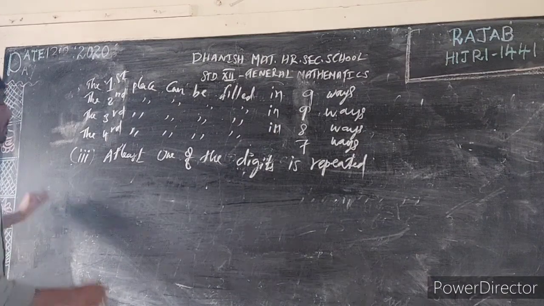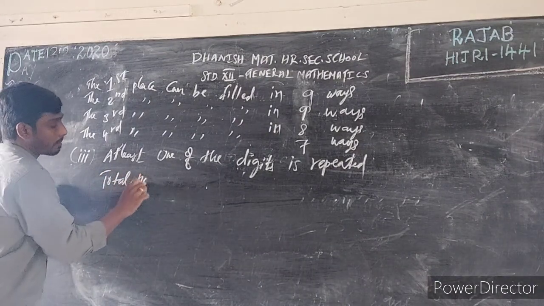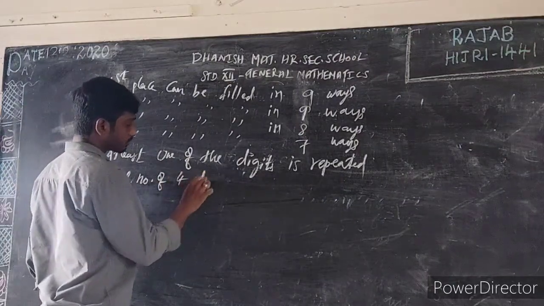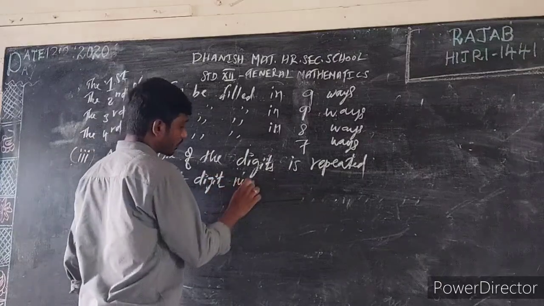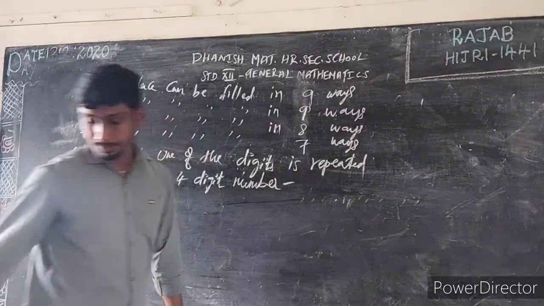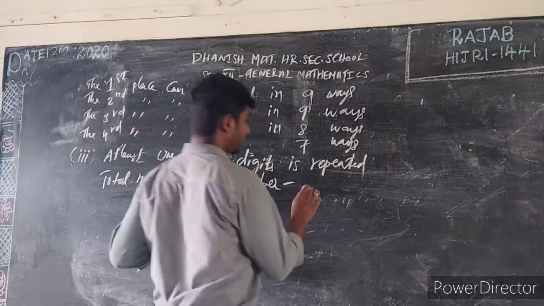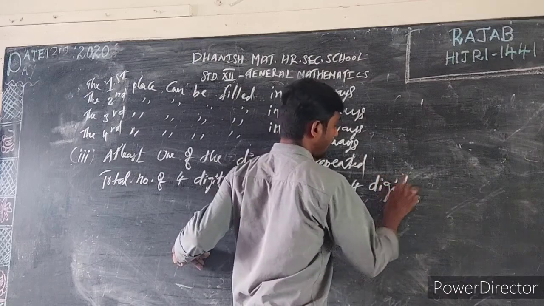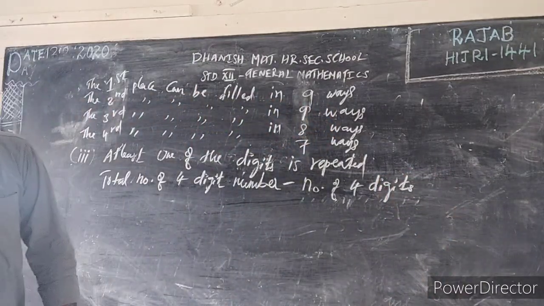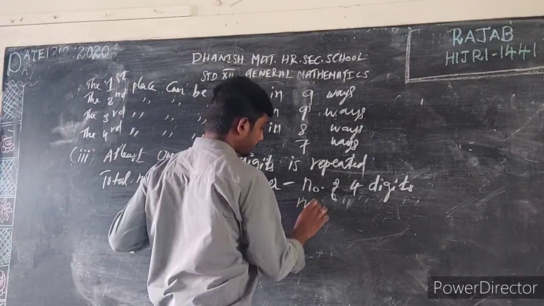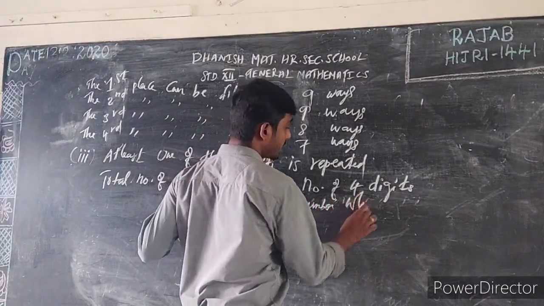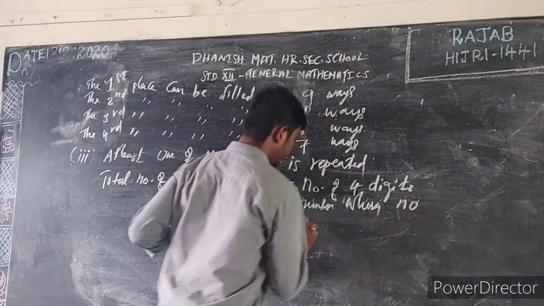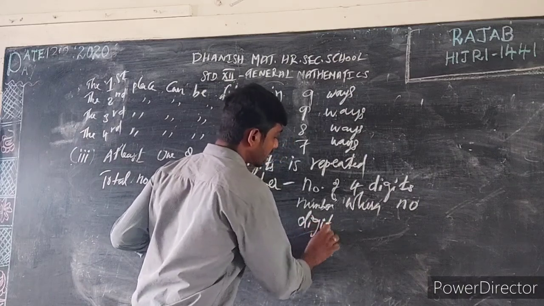So the formula: the total number of 4-digit numbers minus the number of 4-digit numbers when no digit is repeated.